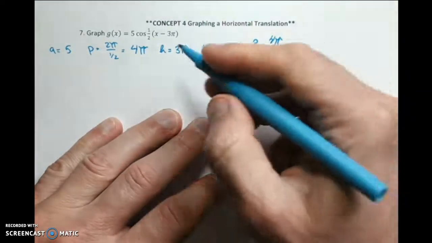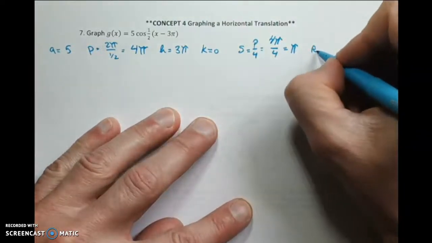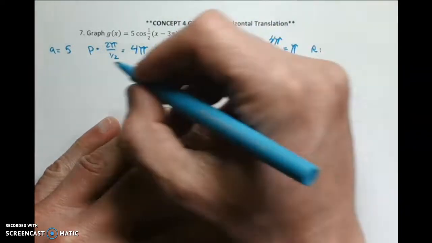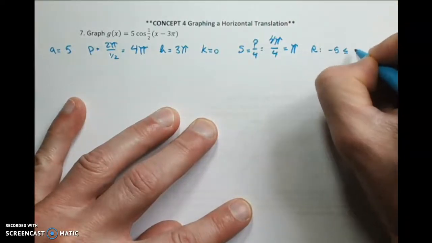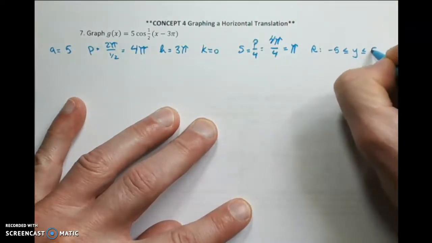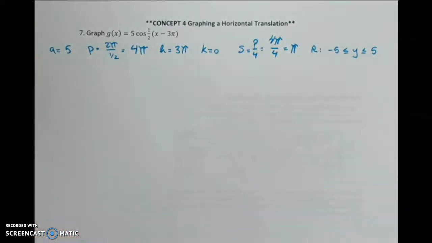And that's a nice one to start with. And then my range: I go -5 is less than or equal to y, which is less than or equal to 5. Okay, so there's everything I need. I'm going to go ahead and make another graph here.